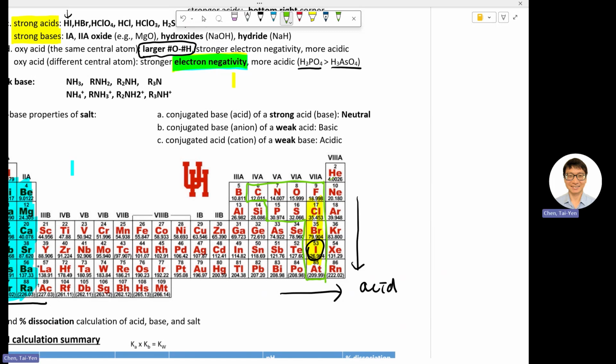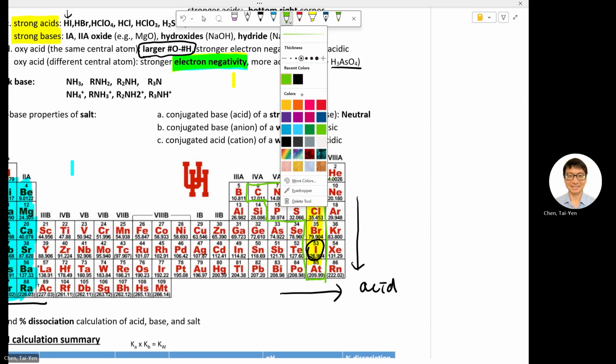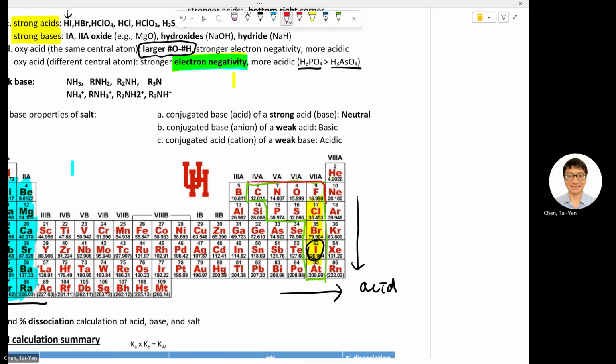Can you see the things I drew? Maybe I should change the color. So I draw a shape. It's kind of like this shape.